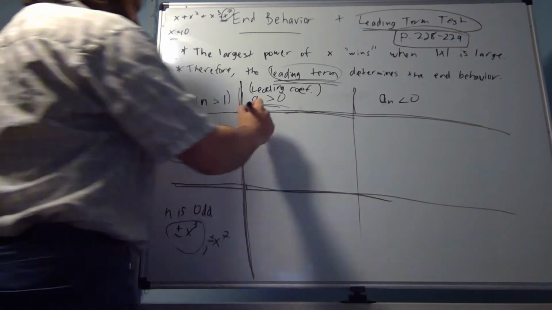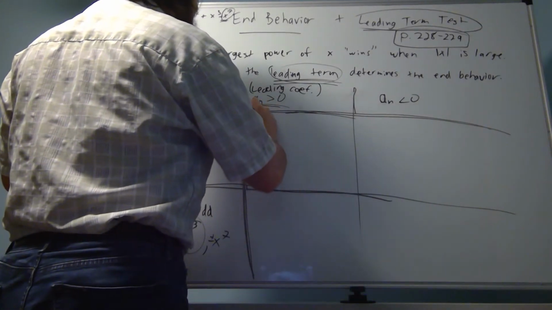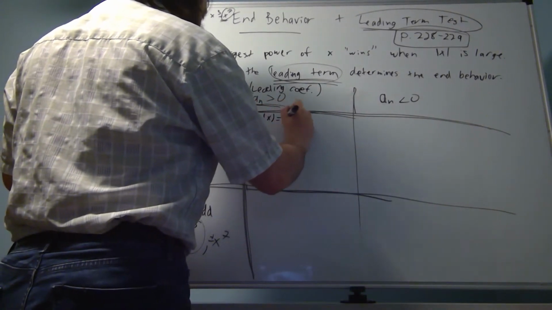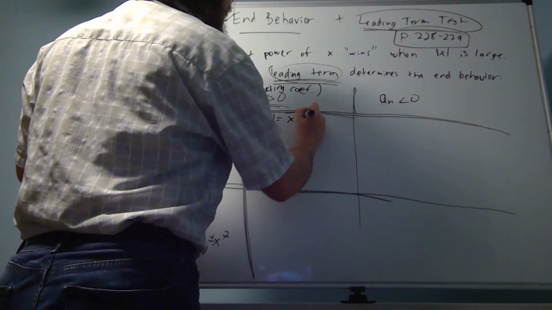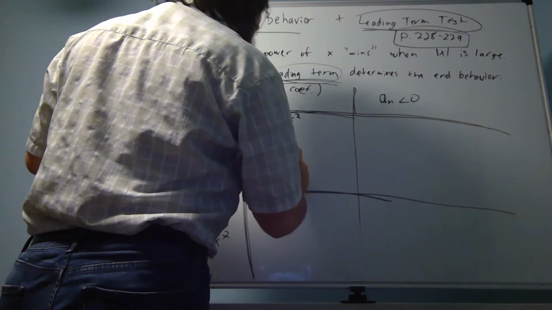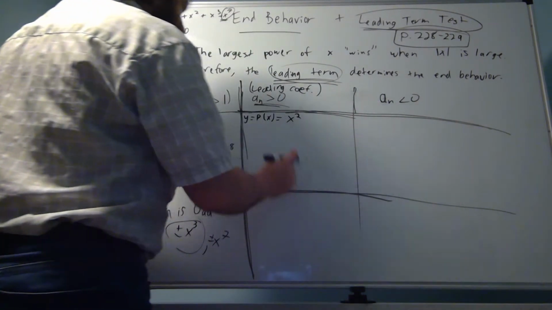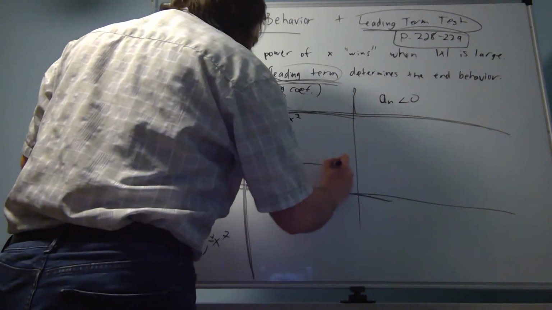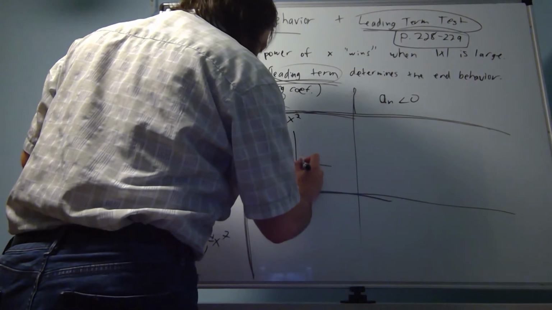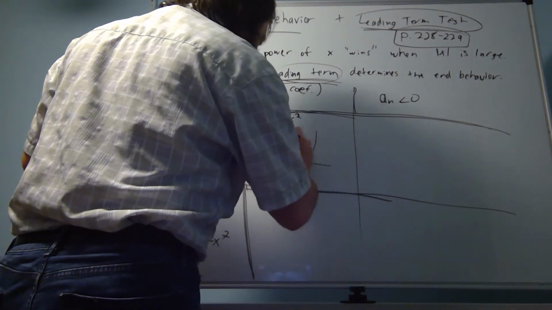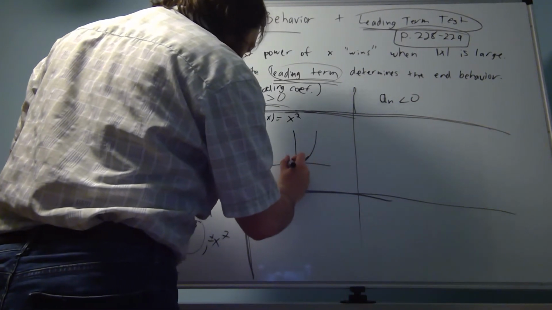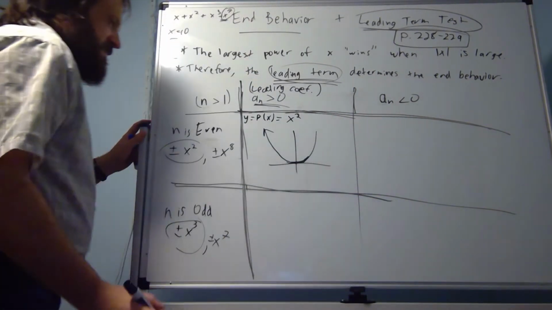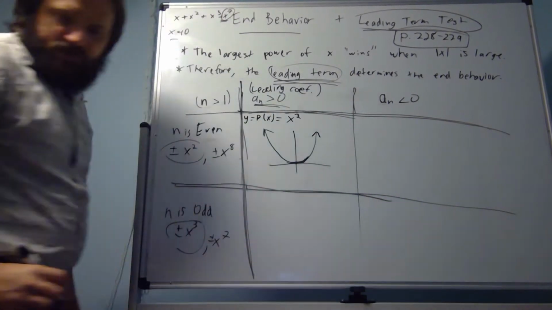So if we have n even, let's do a graph of it. So y equals p of x, for example, could be x squared, or it could be 2x squared. I'm going to draw a picture of x squared first, but then let me show you what they actually put in the book. So y equals x squared, that's a specific quadratic, a nice happy parabola that's nice and smooth.